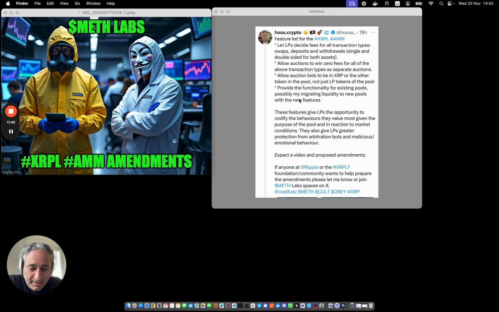And I think that makes it game theoretically a far more rich environment where the different participants can choose to reduce the fees that have been set by the liquidity providers for the particular kind of transaction that they wish to undertake, and they can do that by bidding for that slot using the existing auction mechanism.